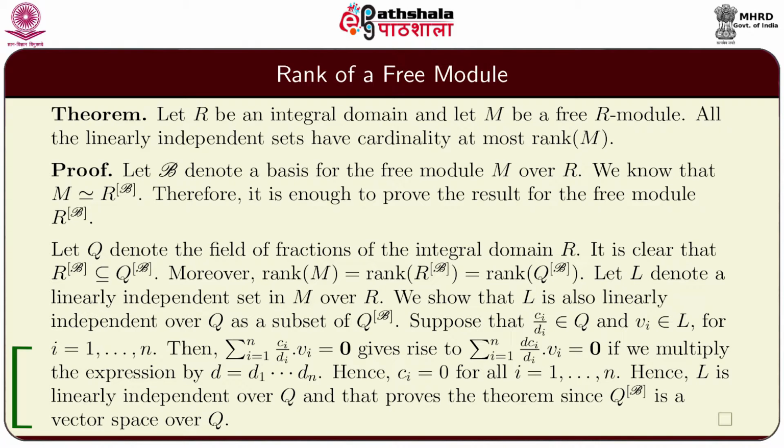Hence, ci is 0 for all i equal to 1 to n, from the linear independence of the set L. Therefore, L is linearly independent over Q, and that proves the theorem, since Q ⊗ B is a vector space over the field Q.